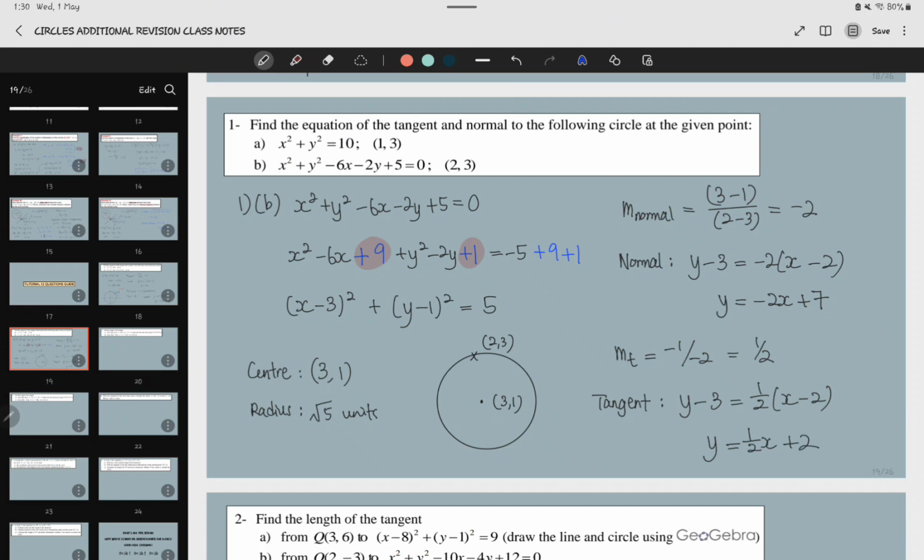Settle. So remember, same thing over and over again. Gradient you get, you use the concept of perpendicular. After that, you will calculate the equation of a straight line using y minus y1 equals m bracket x minus x1. Play with the numbers and eventually you'll get the same thing. Alright.